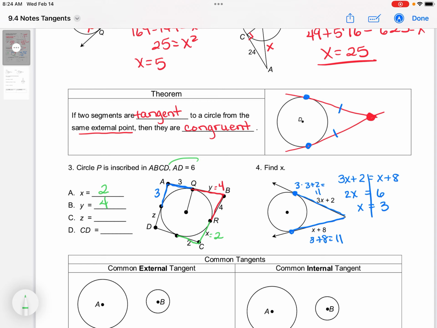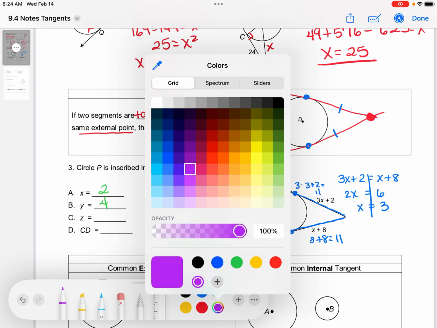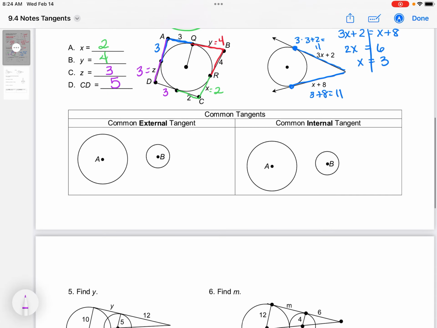Oh, because they told me something like that, and I wasn't paying attention. So if I know that this whole thing is 6, then this is 3 also. So if I had been paying attention, I would have gotten that much quicker.